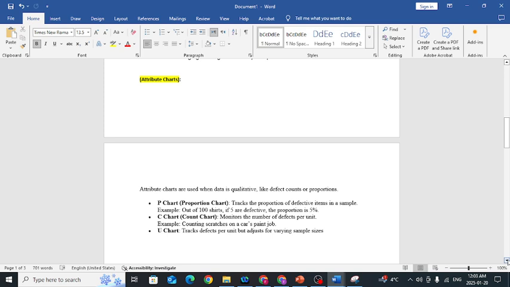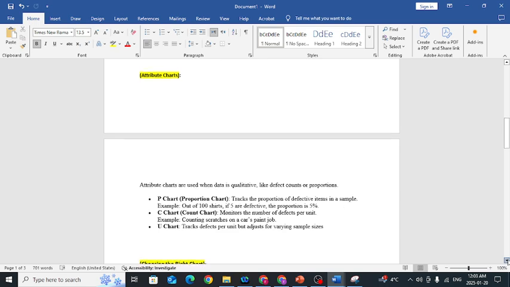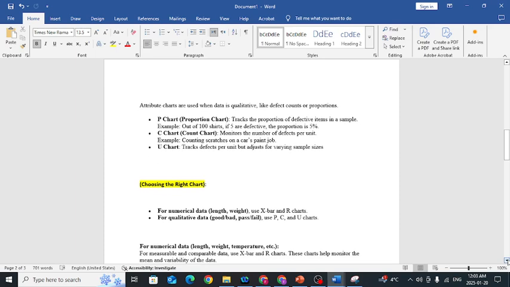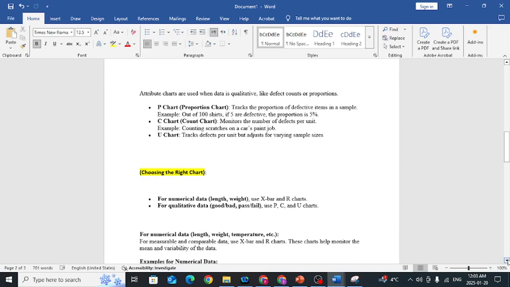For example, counting scratches on a car's paint job. The U chart is the last one we are going to talk about. It tracks defects per unit but adjusts for varying sample sizes.